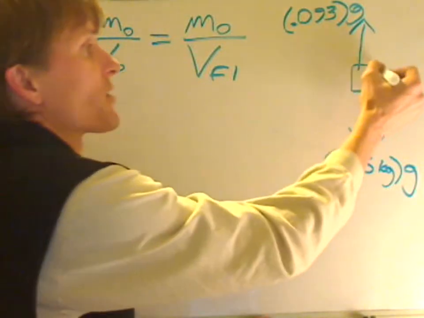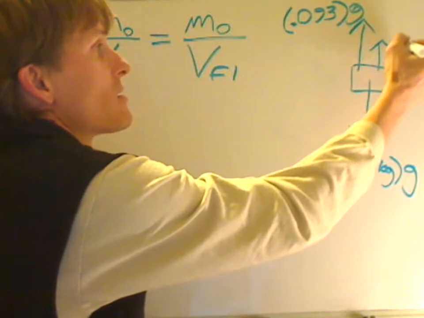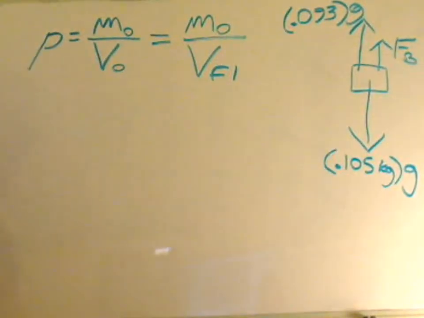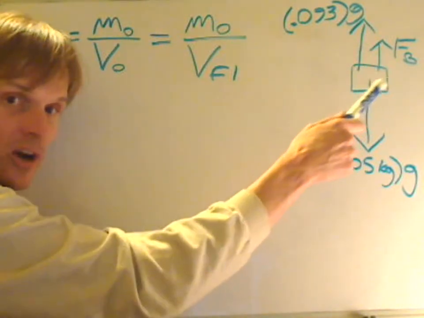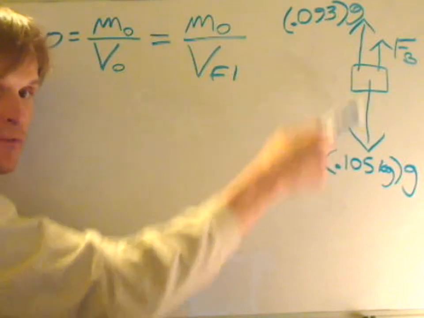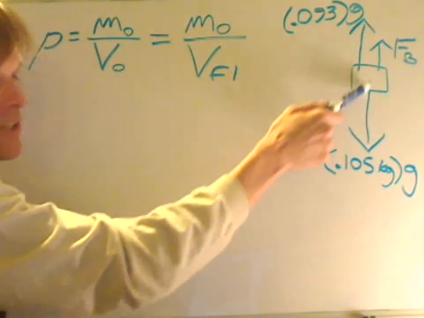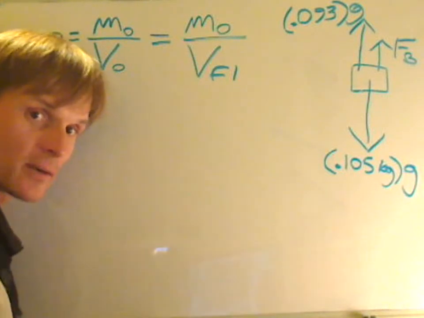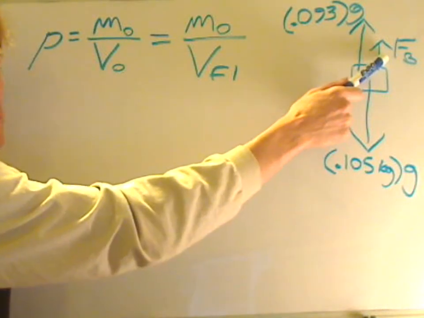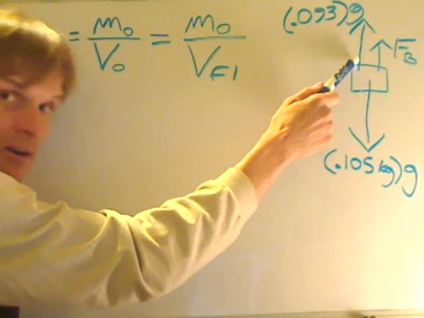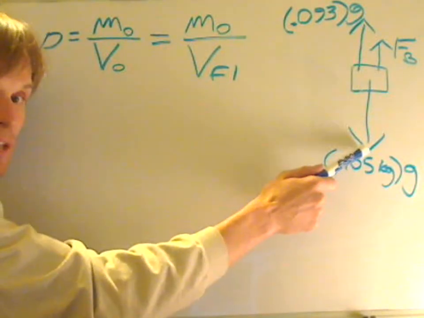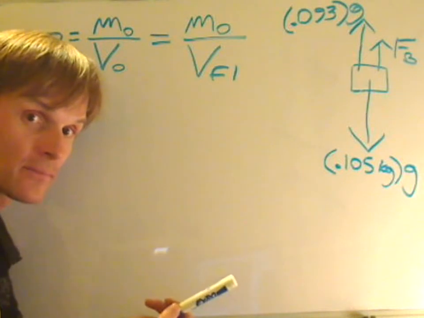And there's some buoyant force that pushes up as well. So the buoyant force on our little mass is the difference between these two things. Because if this thing is going to be stationary in water while we're weighing it with our little scale, the buoyant force plus our scale force is equal to the actual weight of the object.